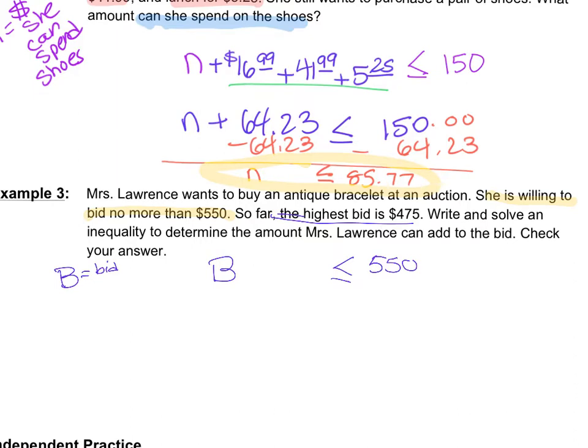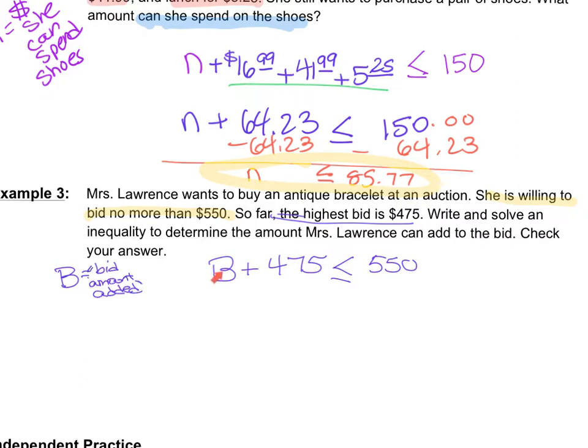Well, if she wants to add the amount that she can bid to the $475, we know that the amount she's going to add to it, so B could be the amount added to the bid.